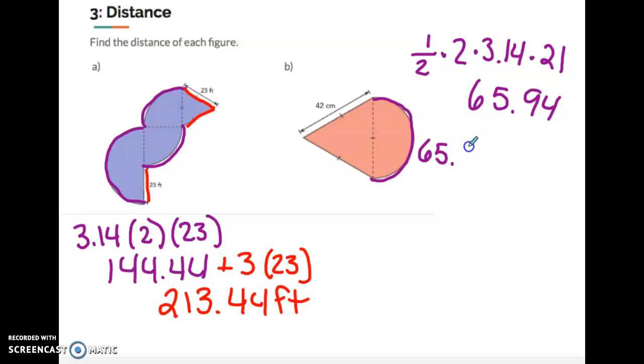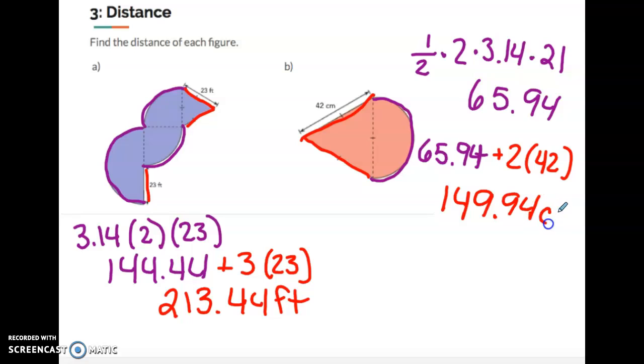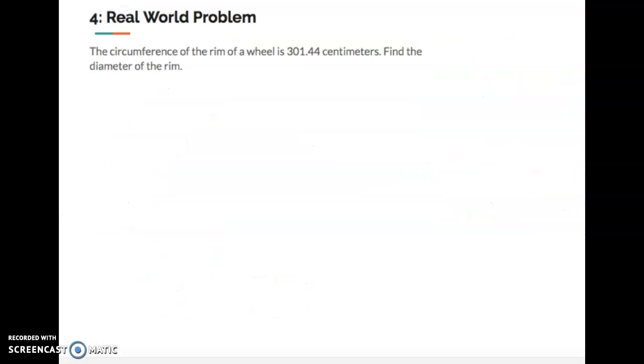And then we're going to have to add in these straight edges. So remember, straight edges are only on the outside of the shape. One straight edge, two straight edges. So let's add in 2 times 42. So 65.94 plus 2 times 42 is 149.94 centimeters.